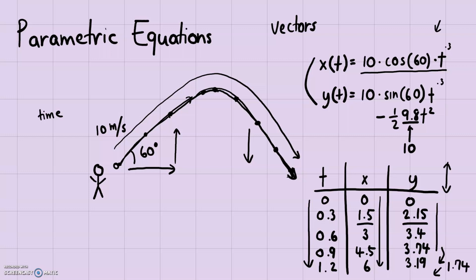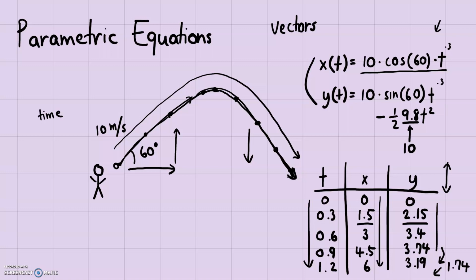Right? So it increases at a faster rate. Even the rate at which it increases and decreases are different. And that is true for any projectile motion. So with this parametric equation, we can know the location of this ball at a certain time.